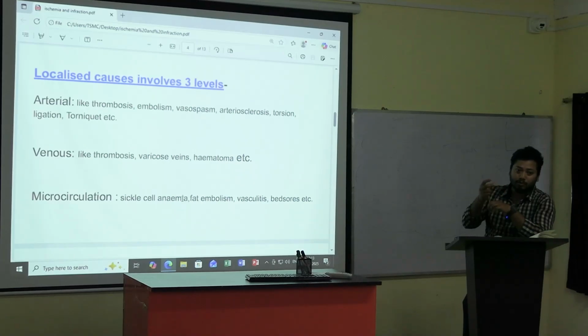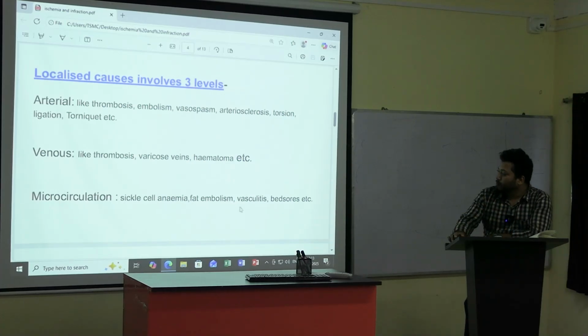That clump may get lodged in any part and will start to obstruct the flow of blood. Fat embolism means lipids, which we already know as atherosclerosis due to lipid or cholesterol buildup.